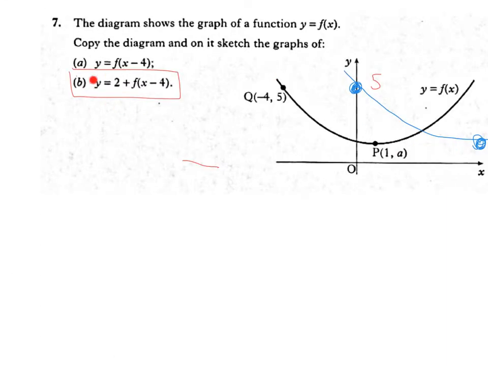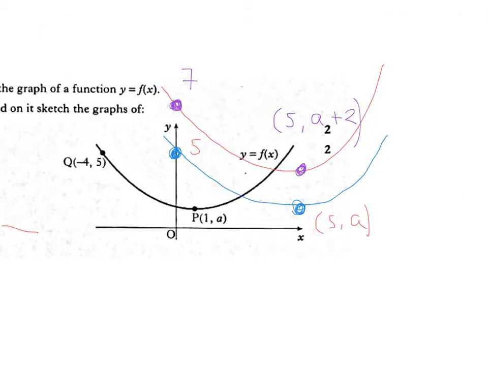Part B is now looking for 2 plus f of (x minus 4). Well, all I'm going to do now is use this blue curve that I've just found and shift it up 2 units. And there we go. So 5 moves up to 7. The x-coordinate of 0 doesn't change, so obviously that would need to be 0, 7.